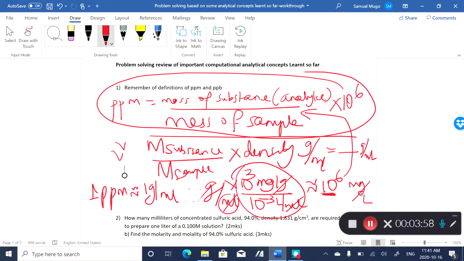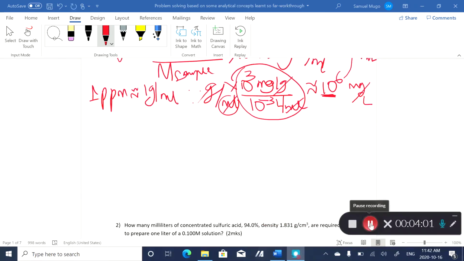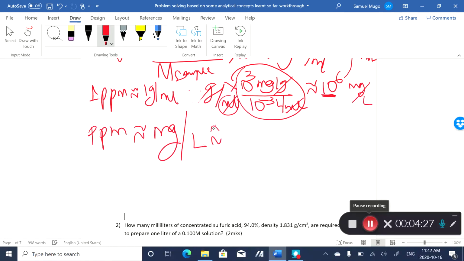And so that explains that essentially ppm is equivalent to milligrams per liter. So anytime you see milligrams per liter, it's referring to ppm. But also remember, I can divide or multiply the top by 1,000 and multiply the bottom by 1,000, and that doesn't change the relationship.